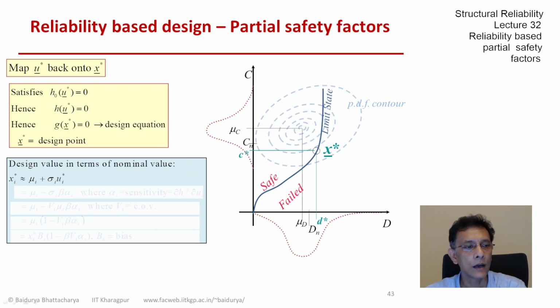So if x star is mu plus sigma u for each i, then we can express each u star in terms of the reliability index beta and the sensitivity alpha, which is partial h partial u. So it gives an estimate of whether h goes towards failure or away from failure with a unit increment in that particular random variable.